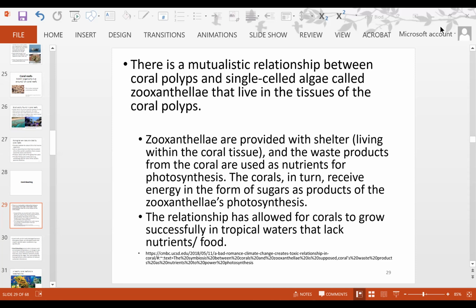And then the waste products from the coral are used as nutrients for photosynthesis. And then the corals, in turn, receive energy in the form of sugars as products of the algae's photosynthesis. And this relationship has allowed corals to grow successfully in tropical waters that usually lack nutrients and food.